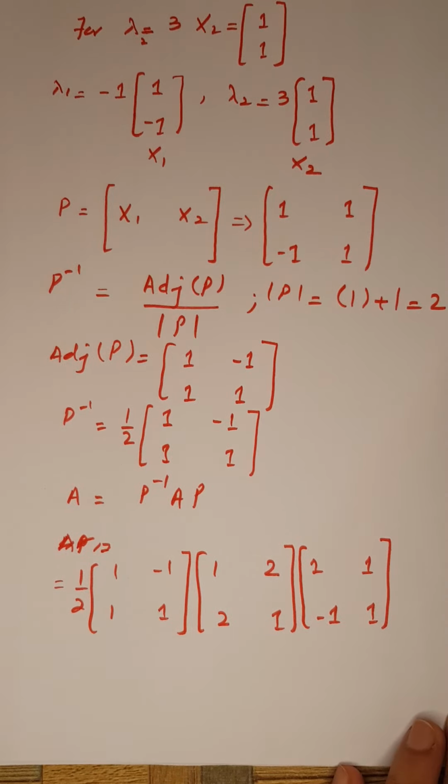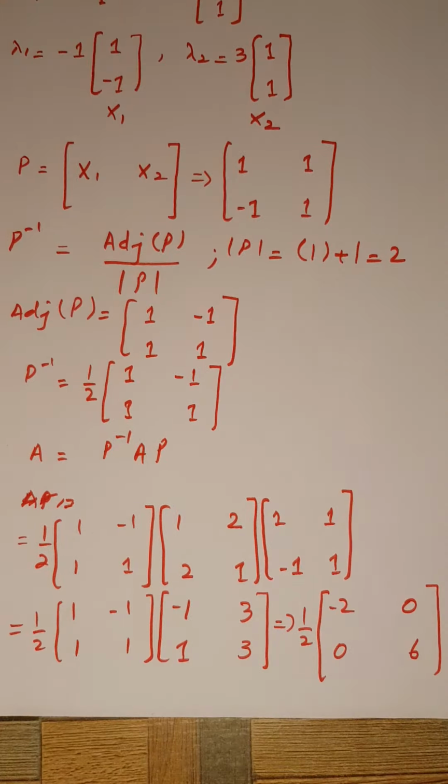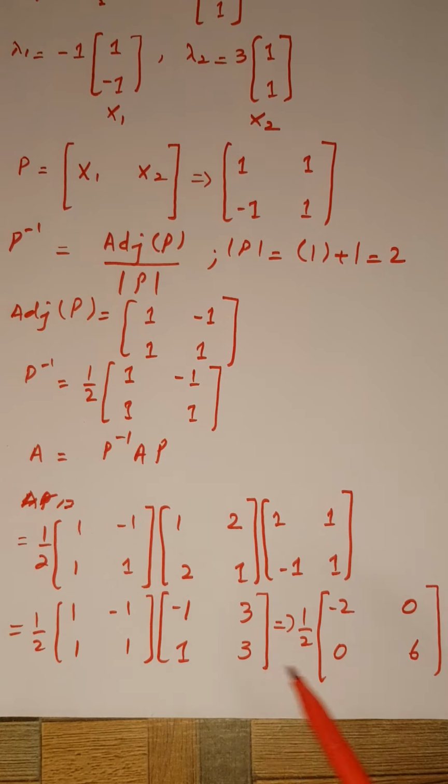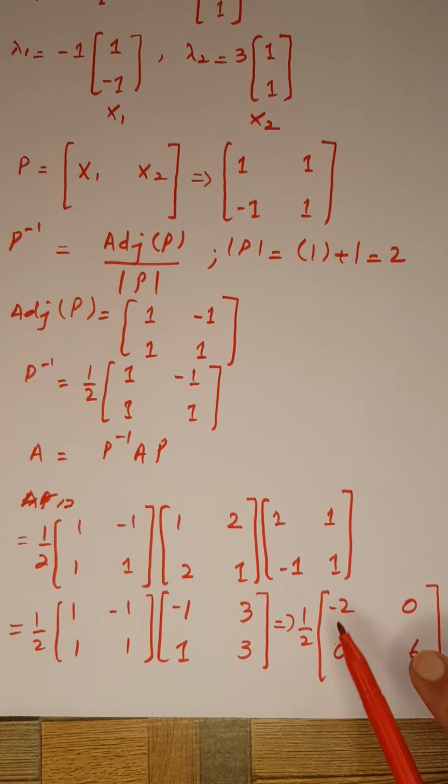I hope it's clear. After multiplying the matrices, you will get the simplified form as 1 over 2 multiplied by this square matrix.